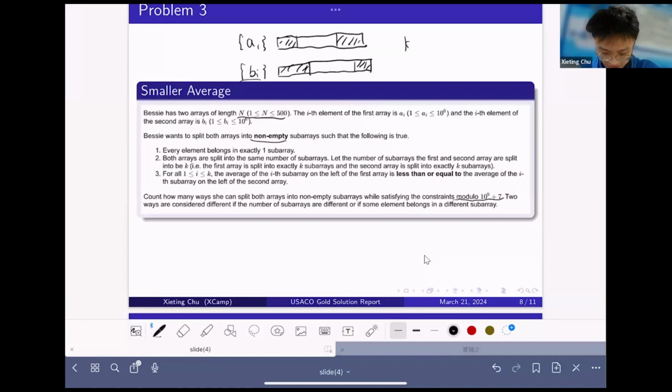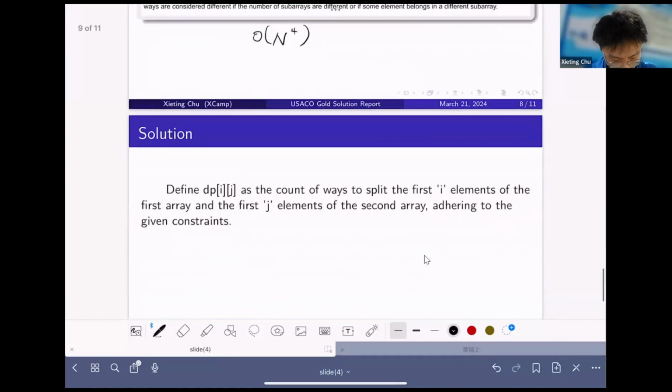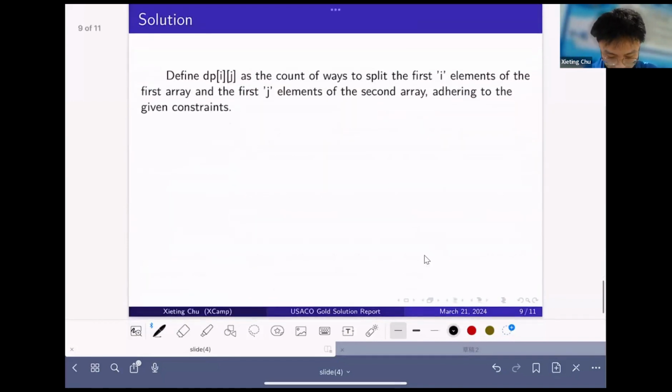And the most important thing is that for this problem, the n to the power of 4 solution is very easy to think of. That is using a DP. So let's define DP[i][j] as the count of ways to split the first i elements of the first array and the first j elements of the second array, adhering to the given constraint.